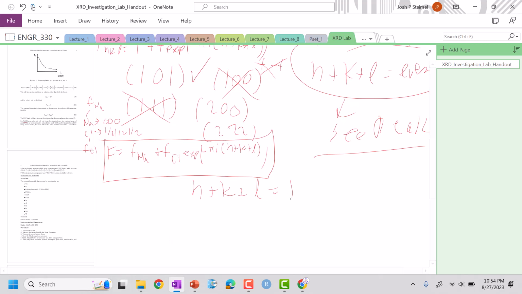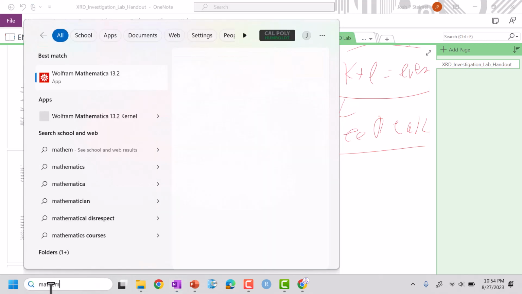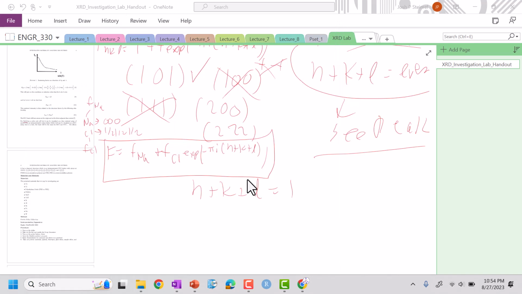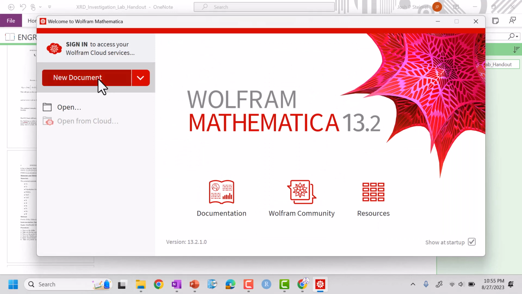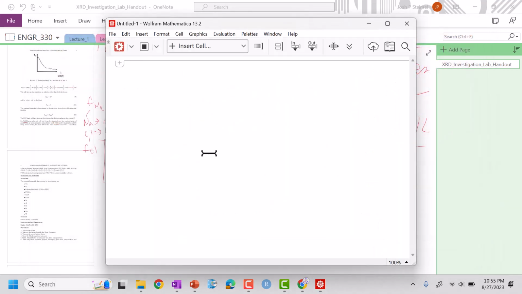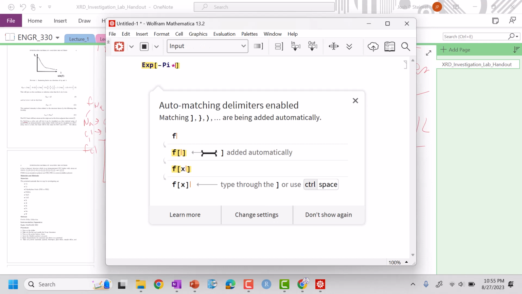So let's go to our Mathematica to remind ourselves. So we have the exponential of minus pi times i.